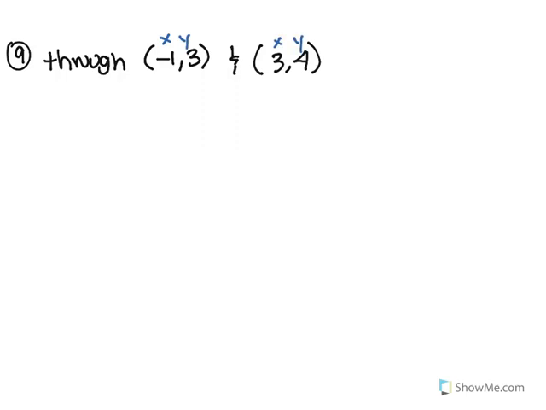Number 9, let's write the equation of a line that's going to go through the point negative 1, positive 3, and (3, 4). So again, I've got to find the slope.